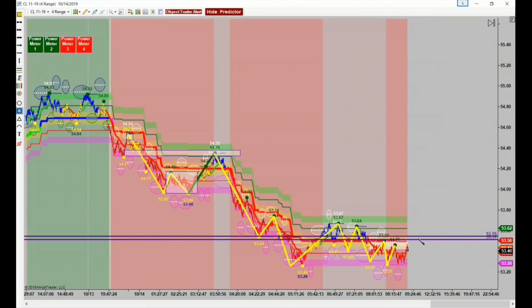And this is a little sweet spot for a short. Okay. This was right at 828. Does anybody remember what happened with crude oil after this? Remember that trade we got?